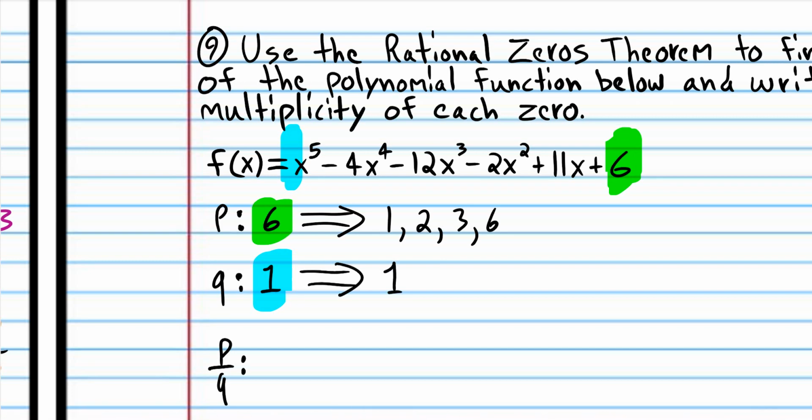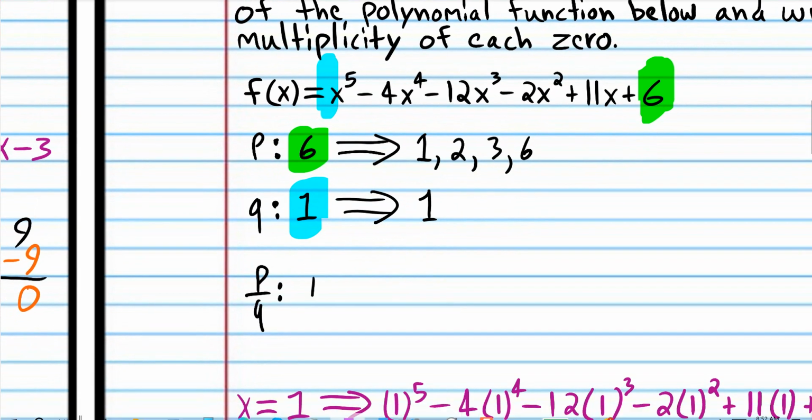The factors of 1 are simply 1. So we're going to divide all these numbers by 1 to find our potential rational zeros. So 1 divided by 1, 2 divided by 1, 3 divided by 1, and 6 divided by 1.